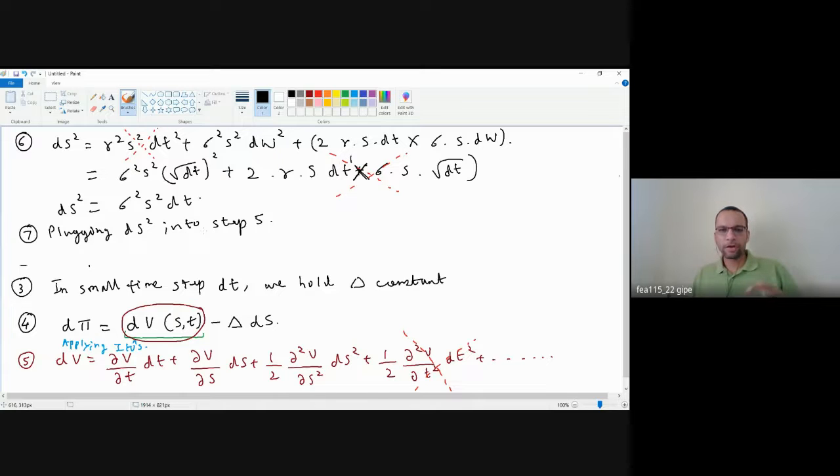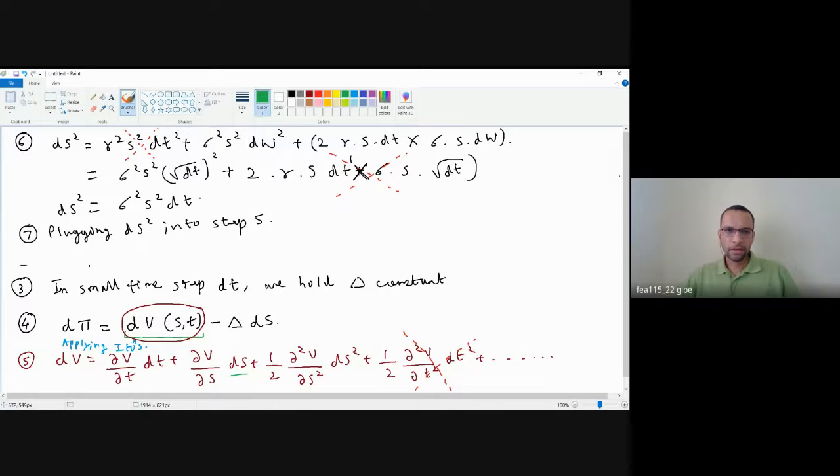Let me also write ds here because I have a ds term here, right? So I have a ds which I can write as rs dt plus sigma s dw. So in this step 7, I'll do 2 things. Firstly, I'll plug in the value of ds square which I have calculated, and secondly, I'll also write ds as rs dt plus sigma s dw so that I don't have to write the same thing twice.